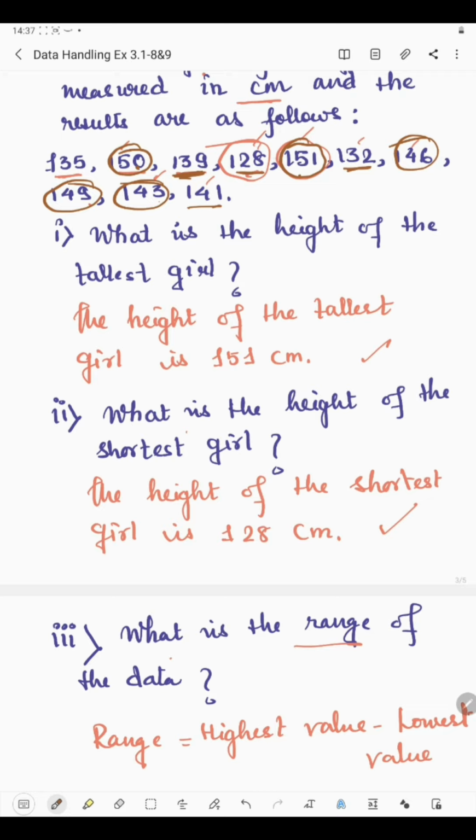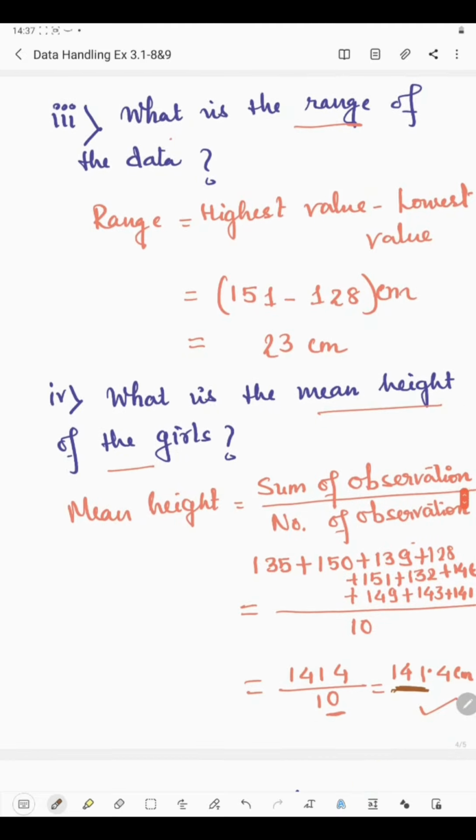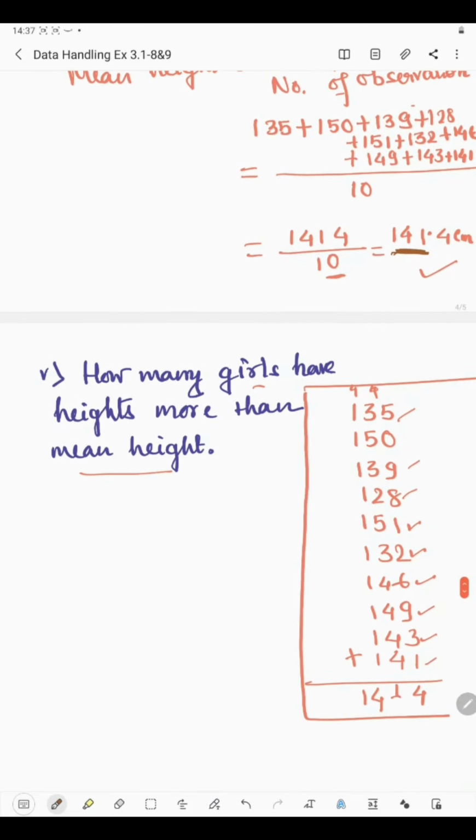So 1, 2, 3, 4, 5. Total 5 girls have height more than the mean height. So we will write 5 girls have height more than the mean height.